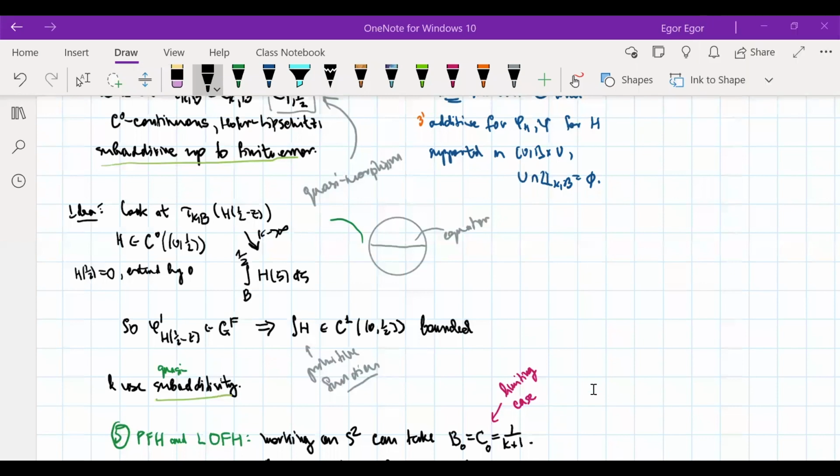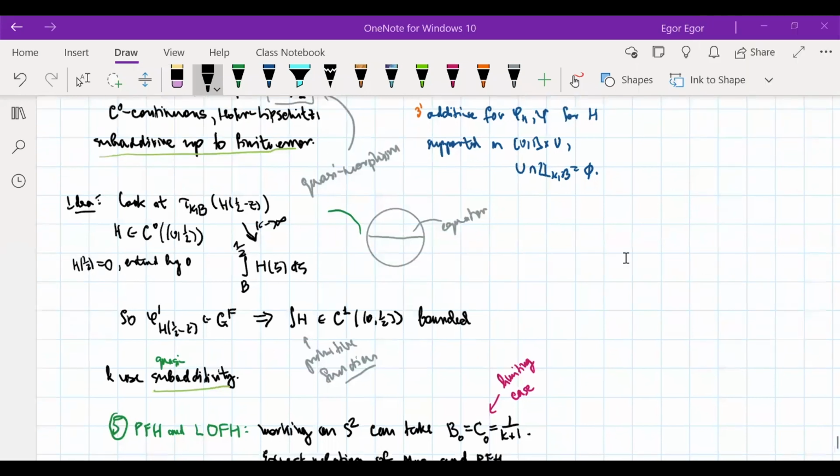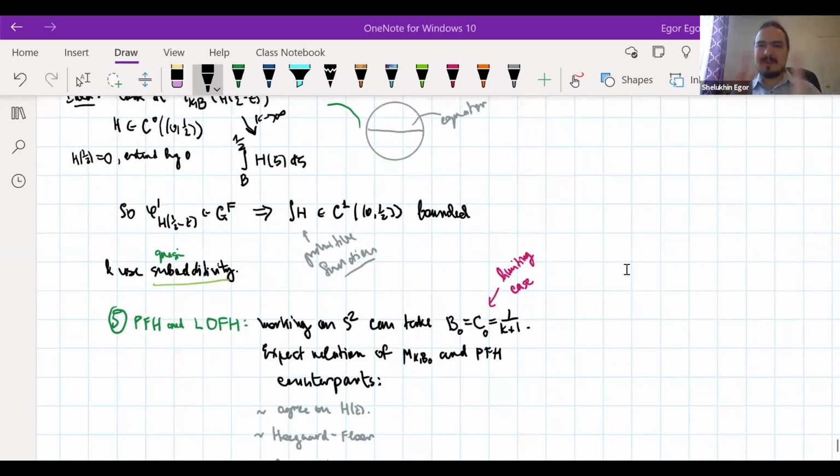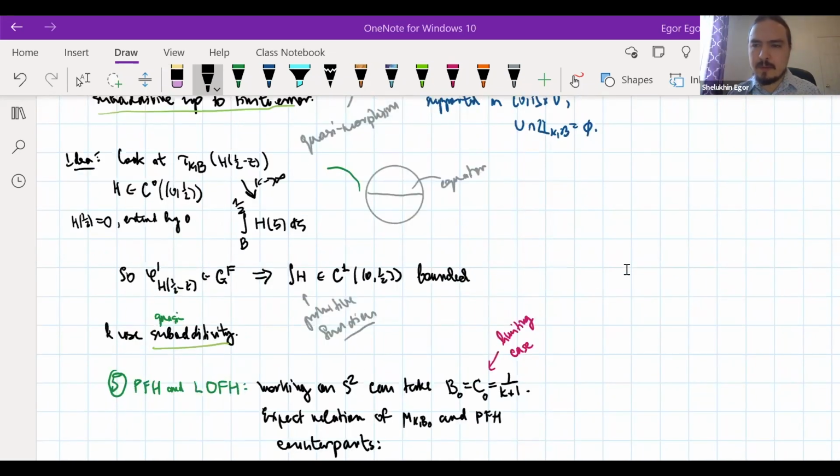And this exactly agrees with this limiting case picture, right? Because in this limiting case, it's a particular value of b.